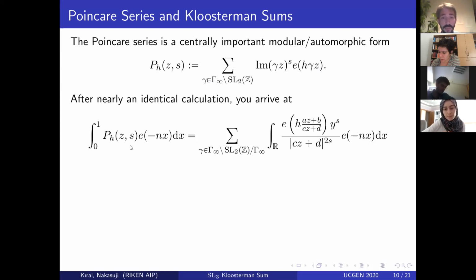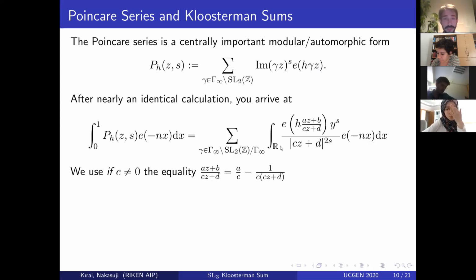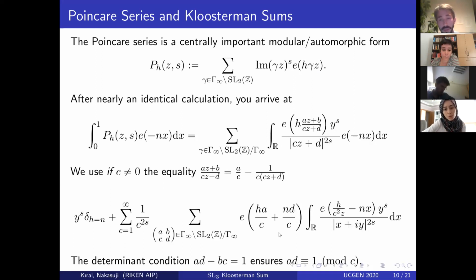So again, I can switch to a double coset summation. But now instead of just y to the s, I do have this extra factor here. And if c equals 0, I'm going to use this identity. And I wouldn't say this if it weren't important. So with this identity, what can I do? This a over c will give me the h a over c. And again, a change of variables, x going to something, will give me an n d over c.